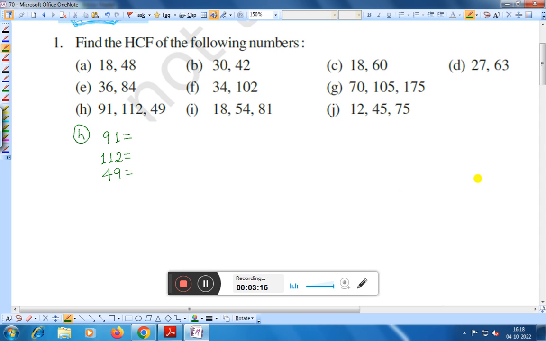First of all, we find the factors of 91. We divide it by 7, and 7 times 13 is 91. That is 7 into 13.